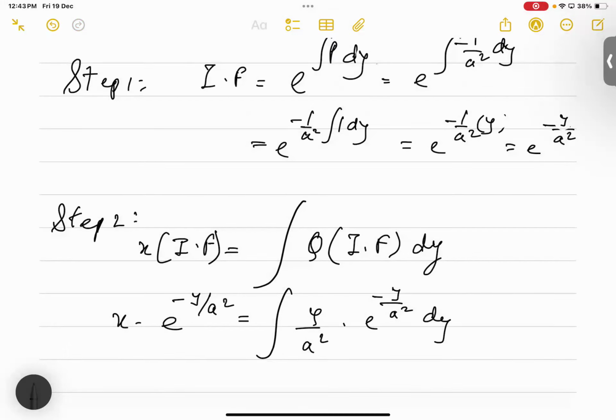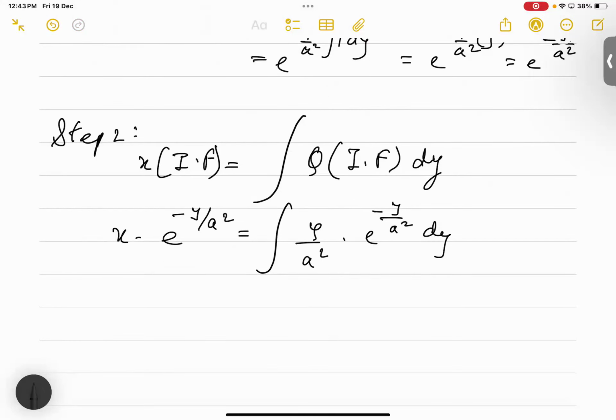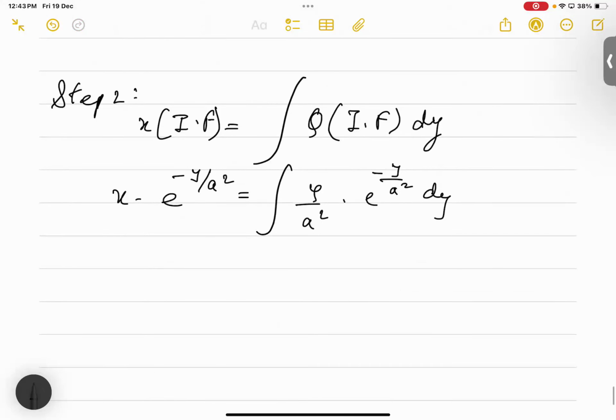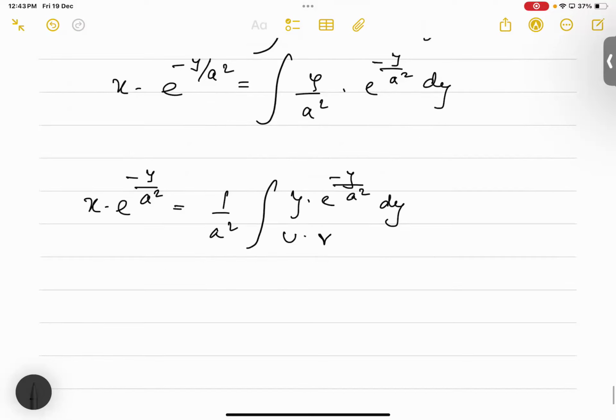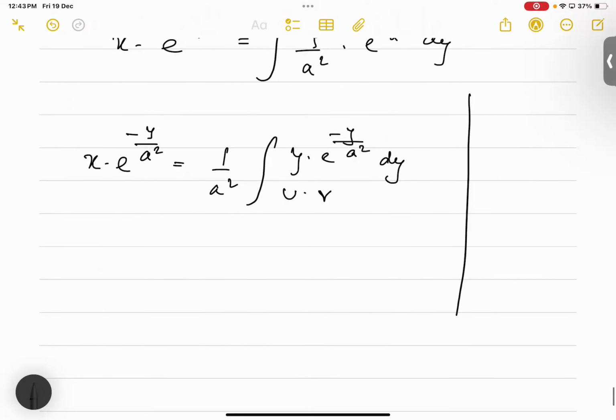Now this is lengthy, not difficult. I'll take 1 upon a square outside. How to solve this, guys? U into V. Algebraic and exponential. Fine. But look at this now. First, I'll do this. This you can do later also.